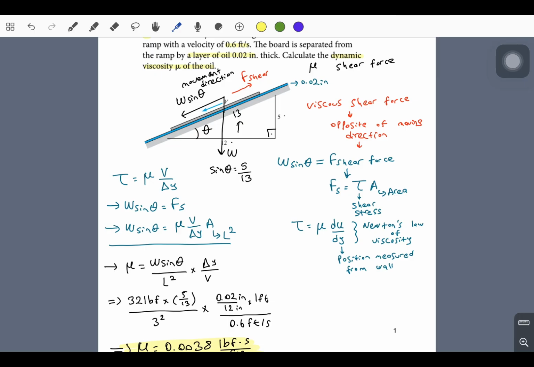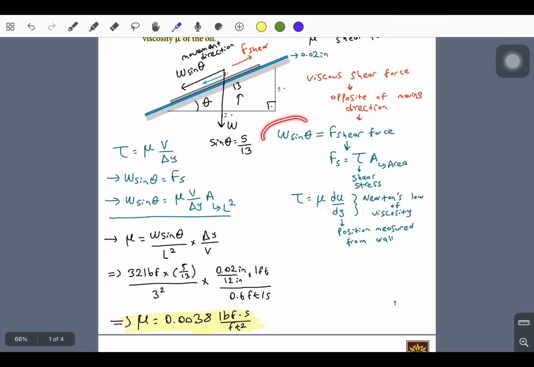So we started the calculations with the shear force, and it is shear stress on the area. So the shear stress is coming from Newton's law of viscosity, and it is showing the relationship between the shear stress and the velocity gradient with the constant dynamic viscosity. And here, u was the velocity and y is the position measured from the wall.